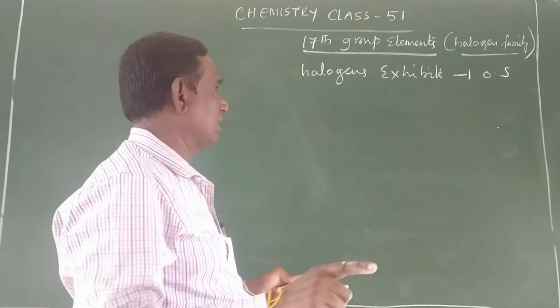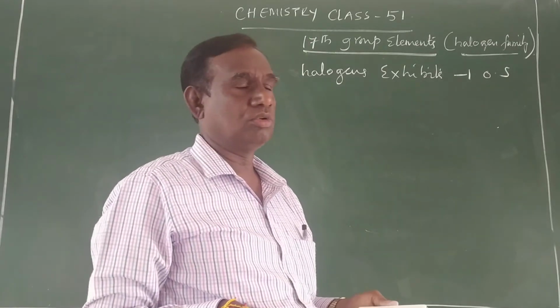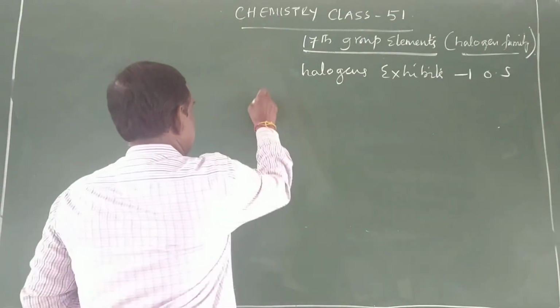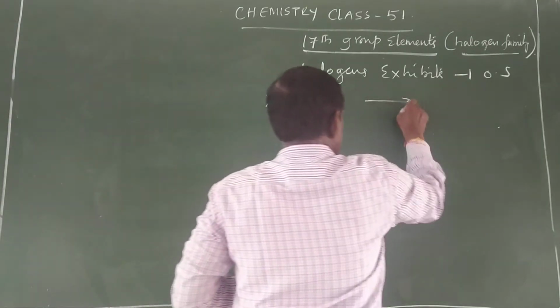This is because they gain 1 electron to complete the octet structure: X plus 1 electron gives rise to X minus.